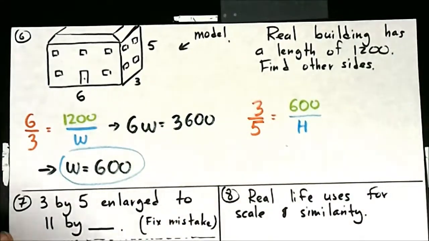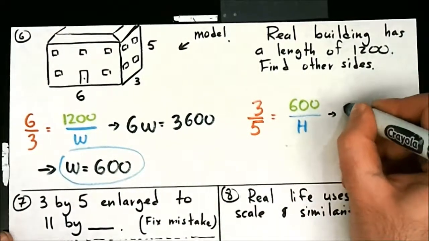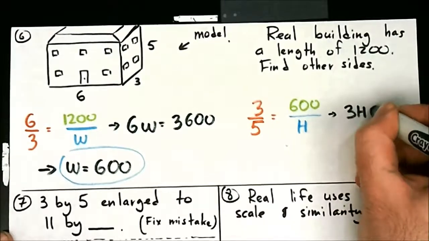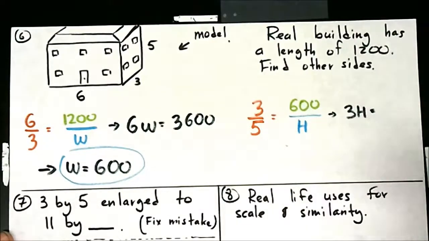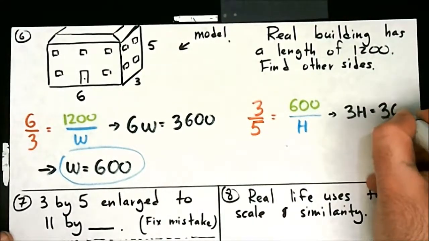I'm going to cross multiply again, which is going to yield 3H equals, what's 5 times 600? 3,000.